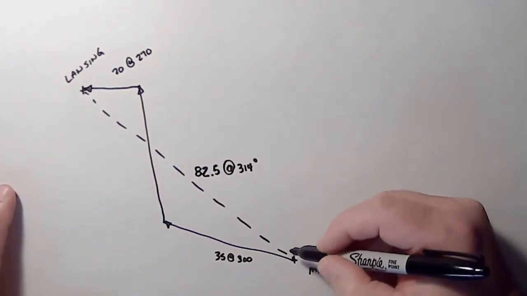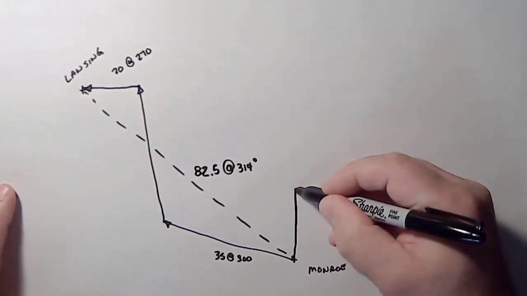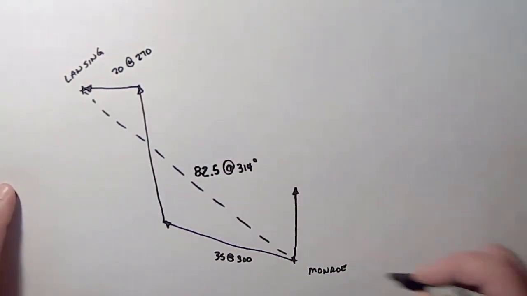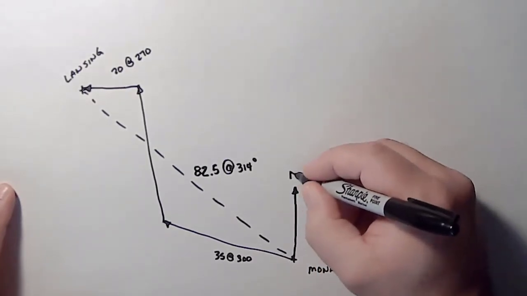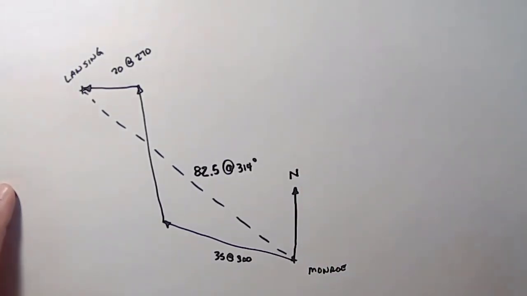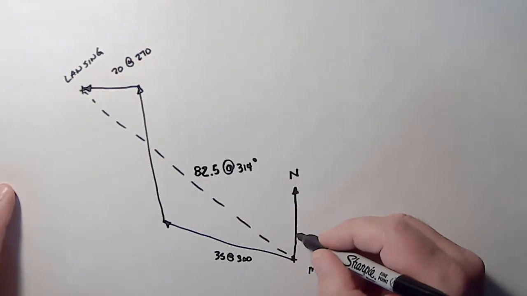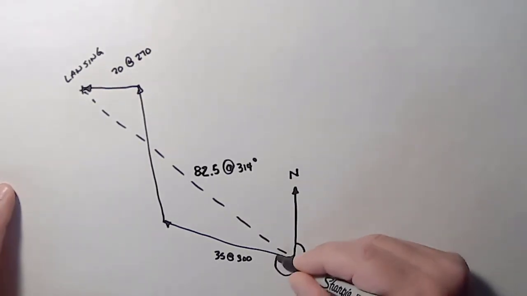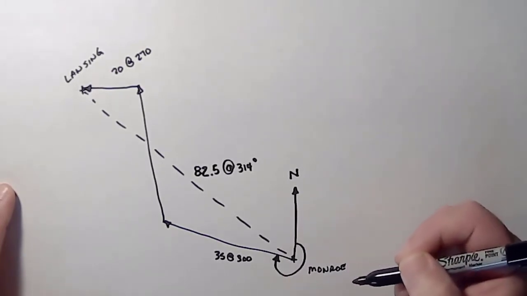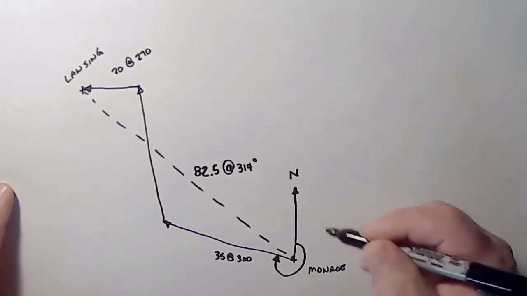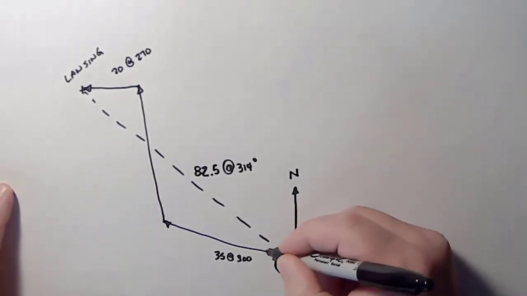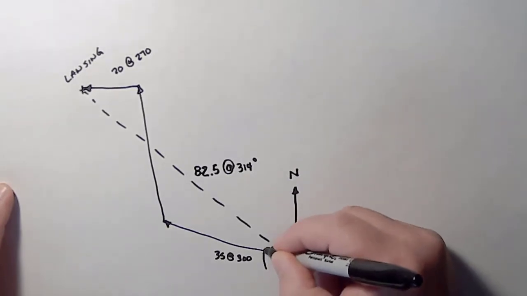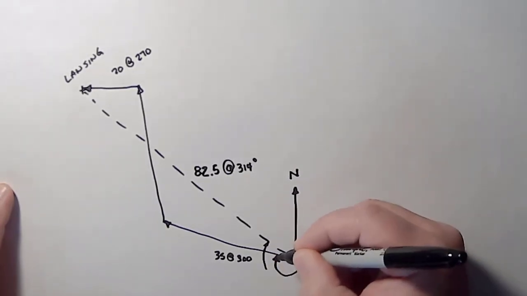Now, a couple things we want to know. When I say at 300, it means this is due north. This is the only thing different than a statics and strength of material problem, is that this angle is 300 degrees. And this angle, all the way around, is 314.